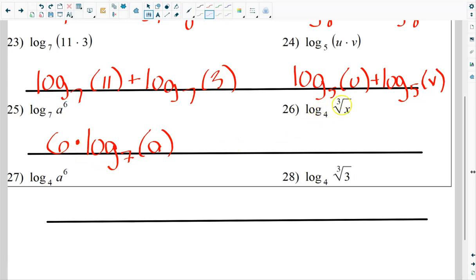This looks kind of tricky, but this is awesome. It's going to give us a chance to look at a radical again in reverse order. If you're not too familiar, we can have that conversation, but this is an exponent of a simple fraction. So this would be log base 4 of x to the 1/3, or we can leave it in the parentheses, it's fine.